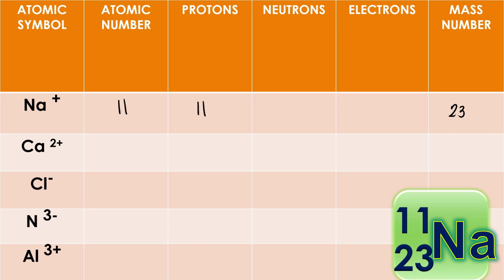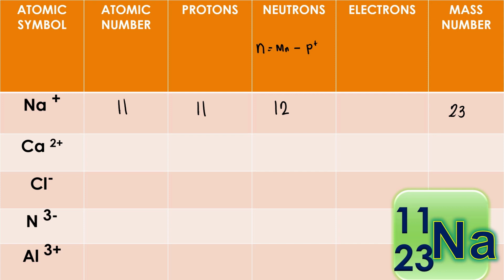To find the number of neutrons, all you have to do is use this formula: N is equal to Mn, the mass number, minus the protons. Since we have 23 minus 11, we have 12 neutrons.